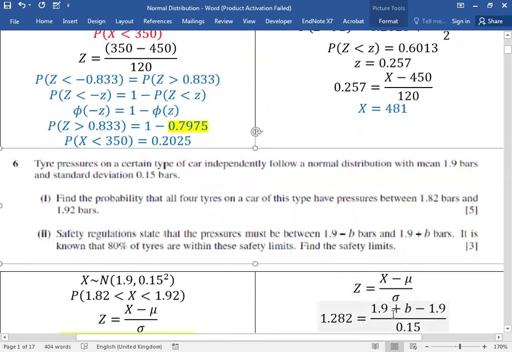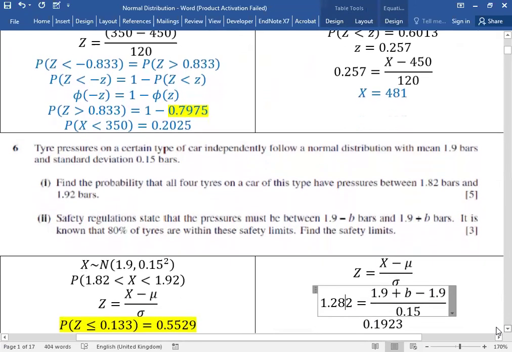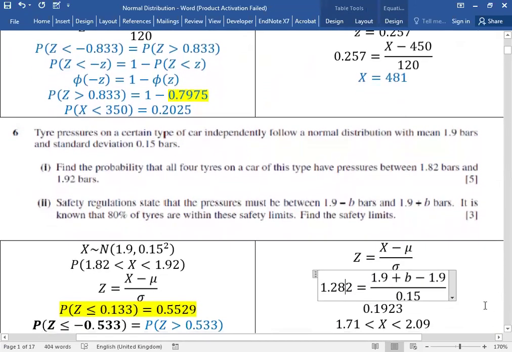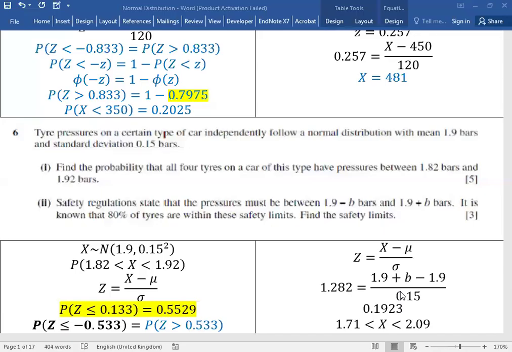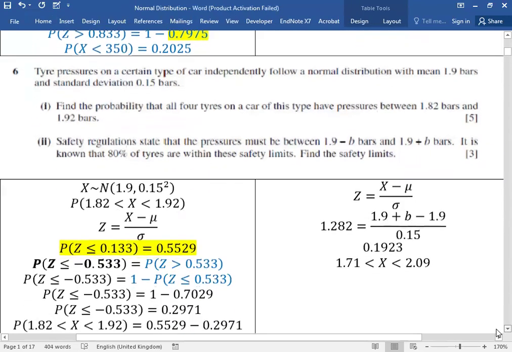Use this to solve for B. The value of B is 0.1923. You add that to 1.9 to get your upper limit, and you can write down the final answer to three significant figures. And you subtract that from 1.9 to get your lower limit.